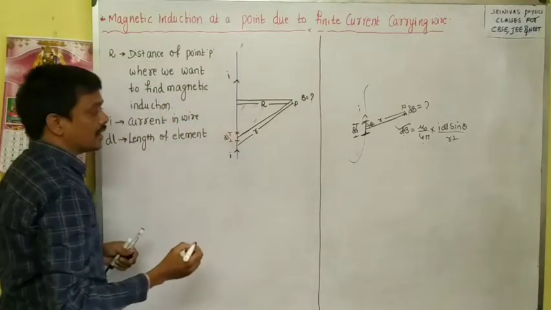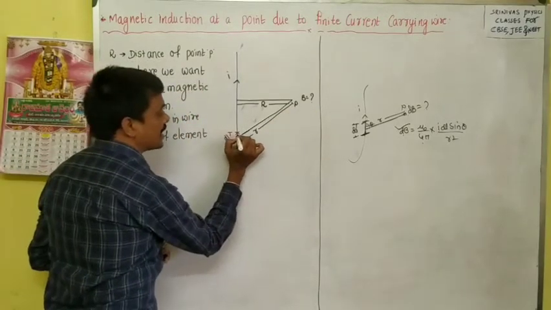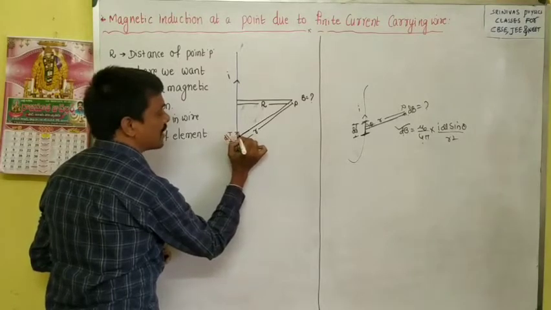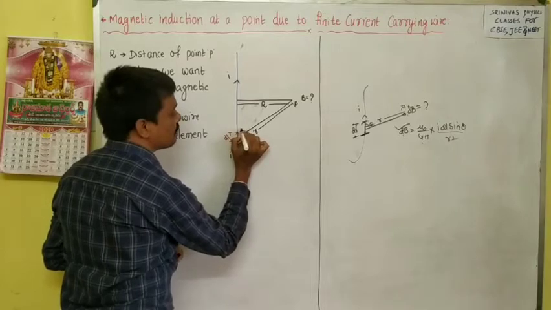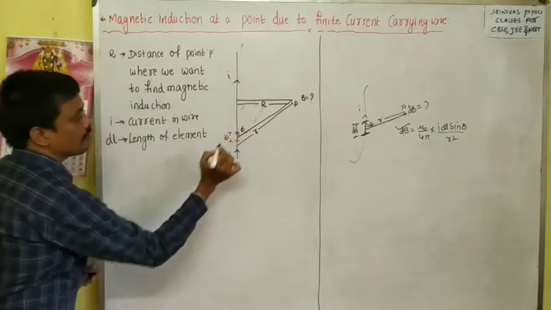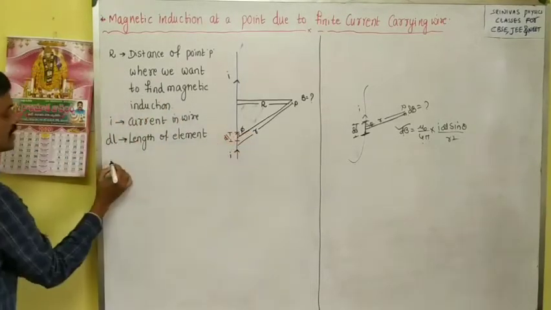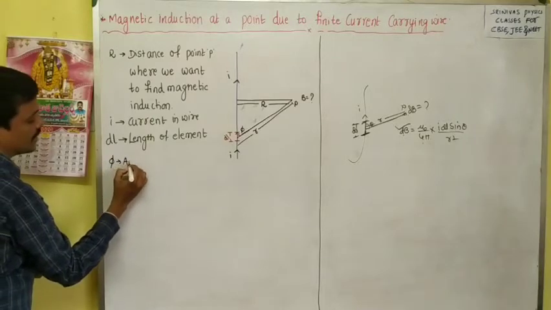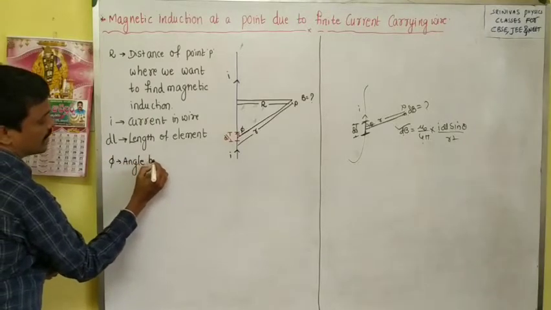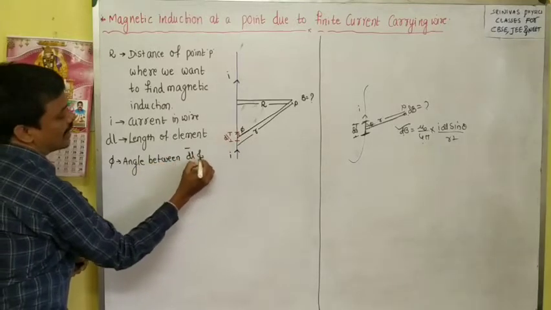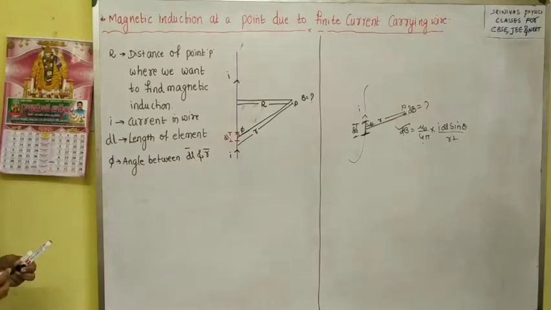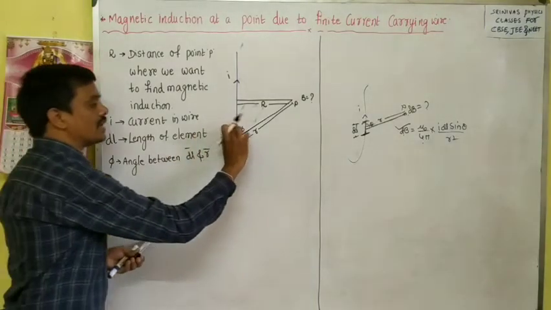Now the element is making some angle with r. That angle is considered as phi. Phi is the angle between dl bar and r bar, the small element and r.